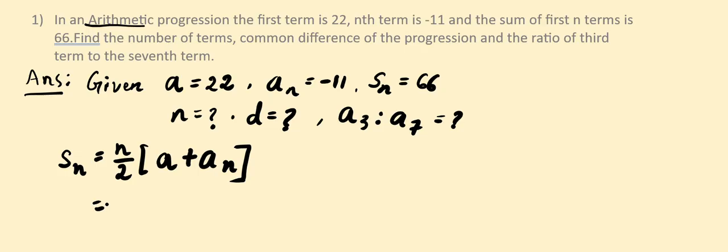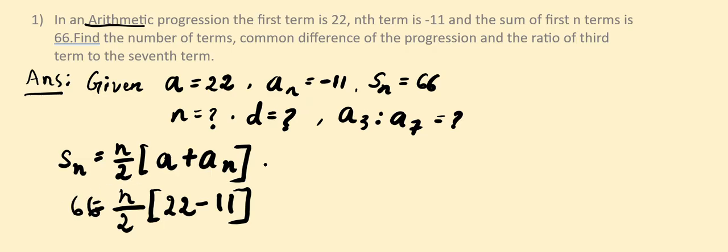Correct? Here n is what we don't know, we have to find it, divided by 2. a we have, that is 22, an, that is minus 11, and Sn we have, that is 66. Correct?